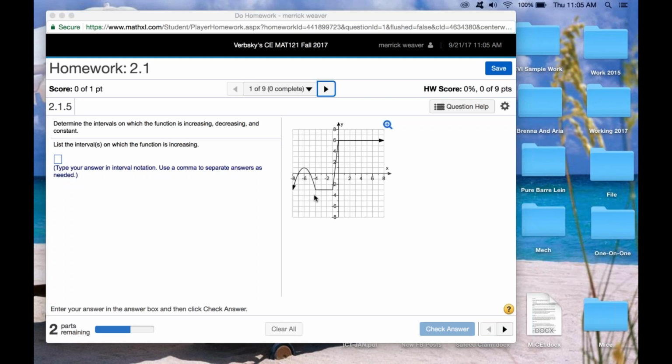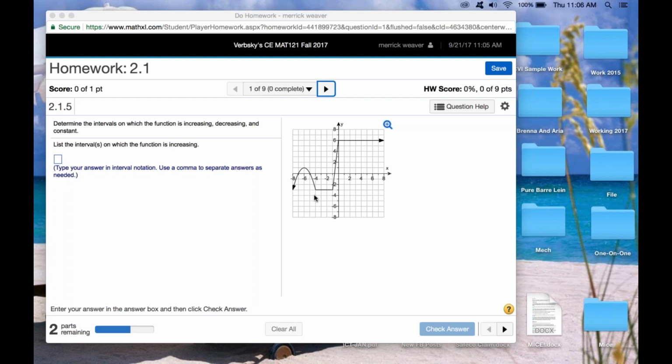Always start from -infinity. If there's this arrow, that means it goes on forever. So it would be -infinity, yeah, parentheses. -infinity, comma, what's the x-coordinate? Remember that you're using the x-coordinates to define these things, not the y.